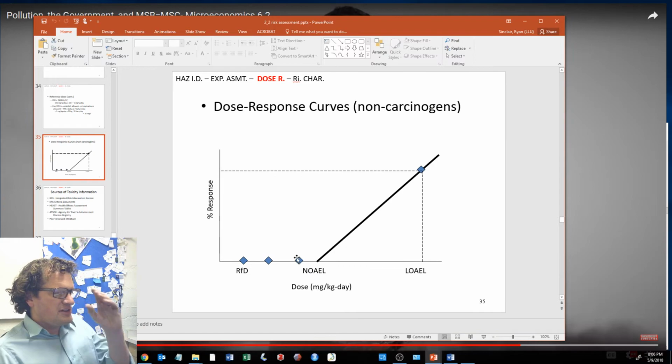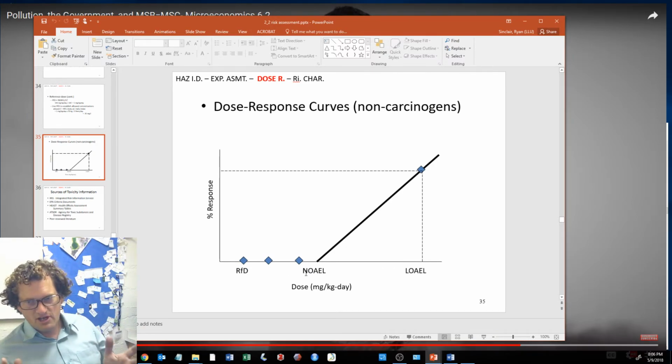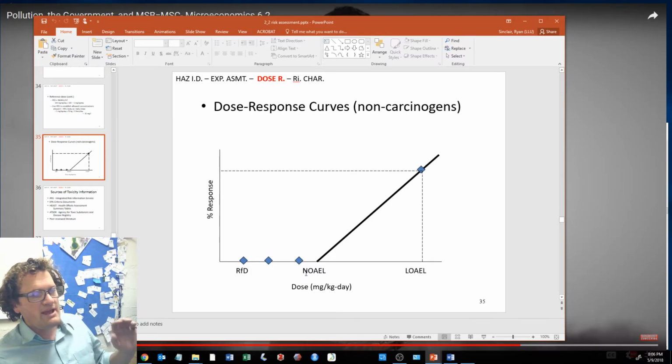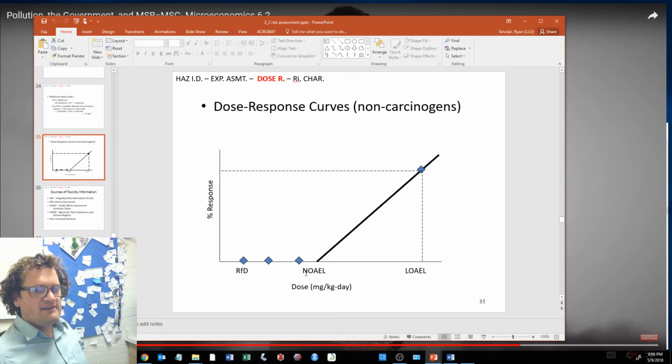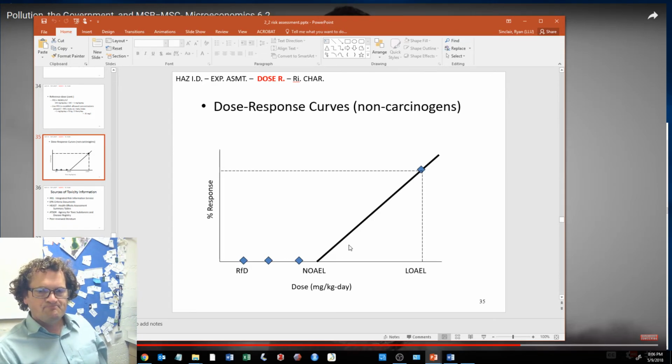So underneath the NOAEL, you might have other points and things, but what you want to do when you're setting these standards, when your government is determining what the risk for health actually is, they go way below the no observed adverse effect level, and they call it the reference dose, the RfD. And that is usually what they base the standards on.